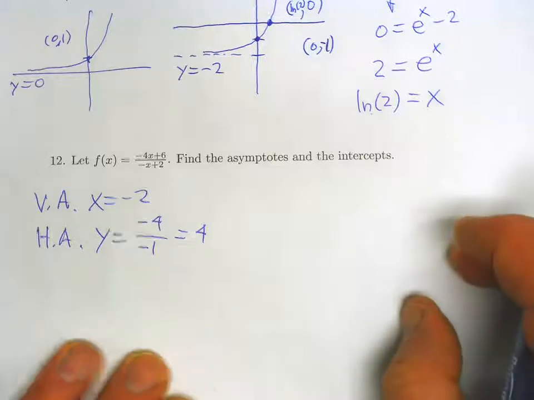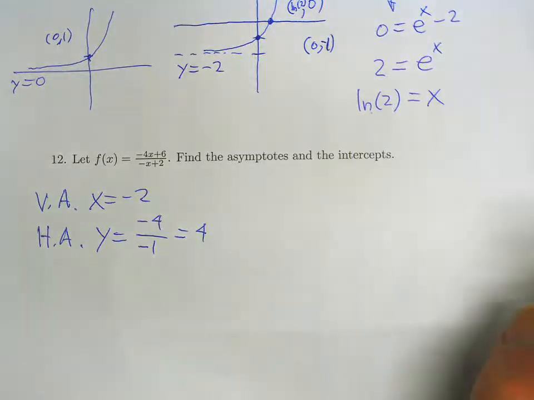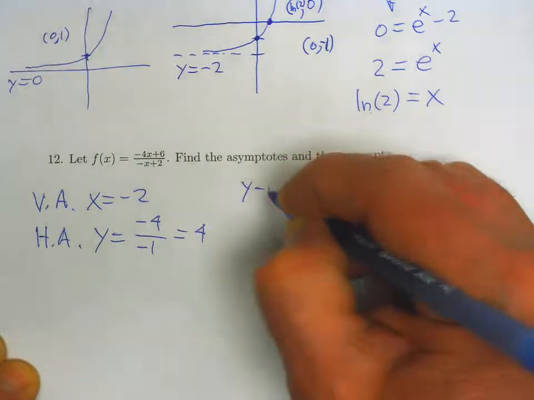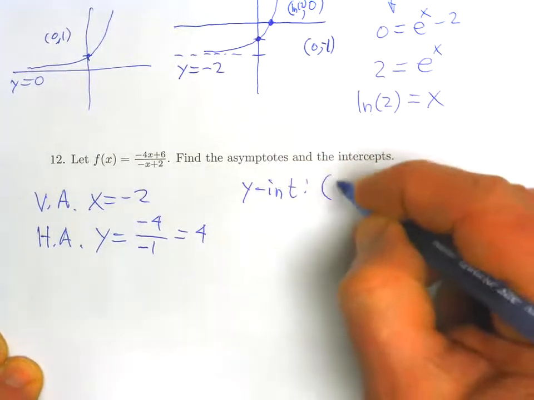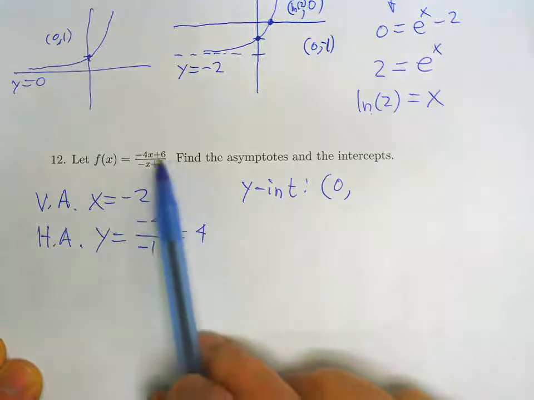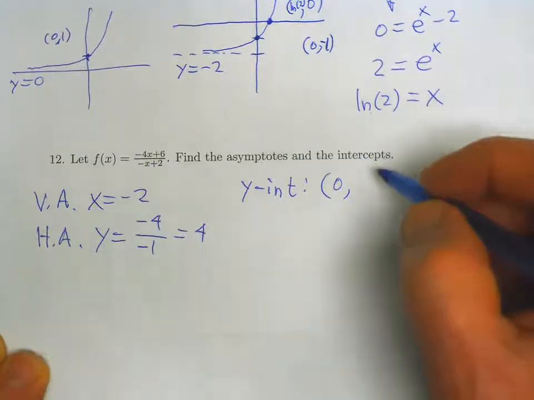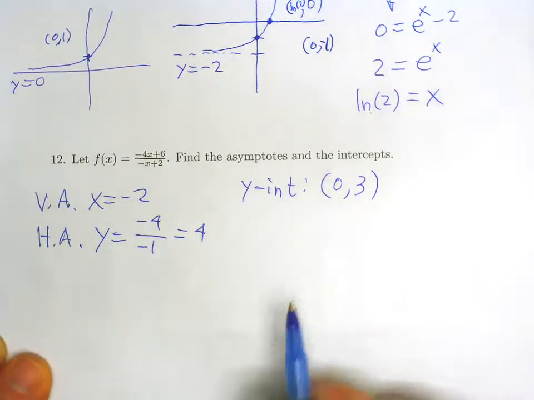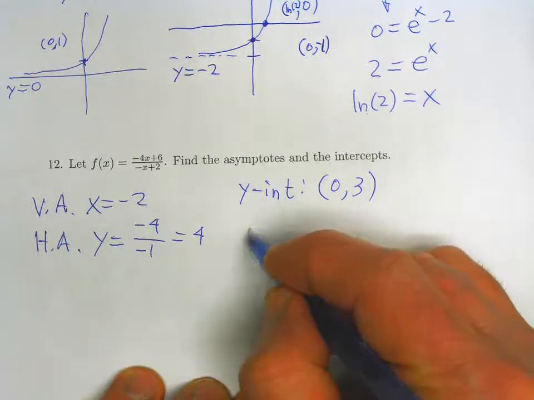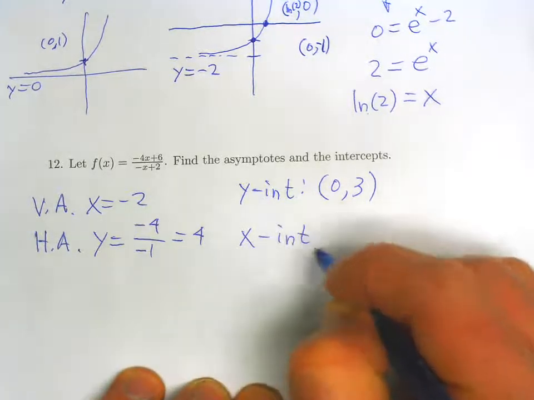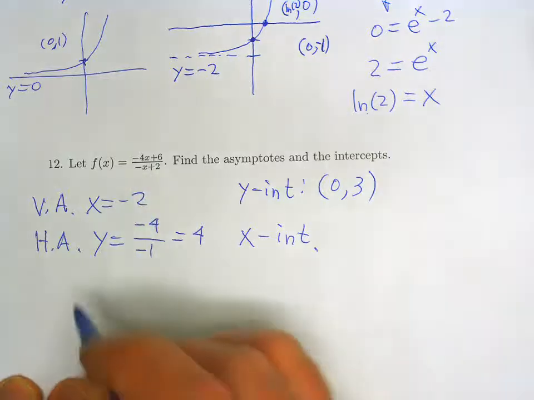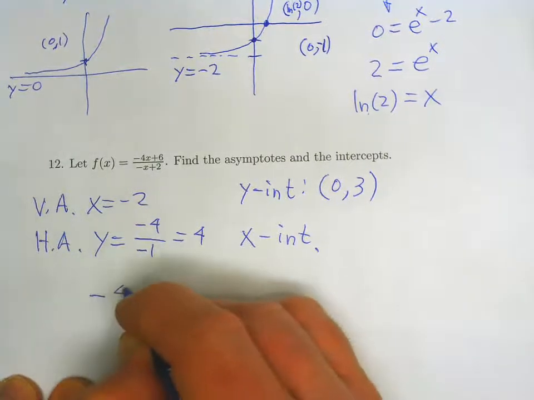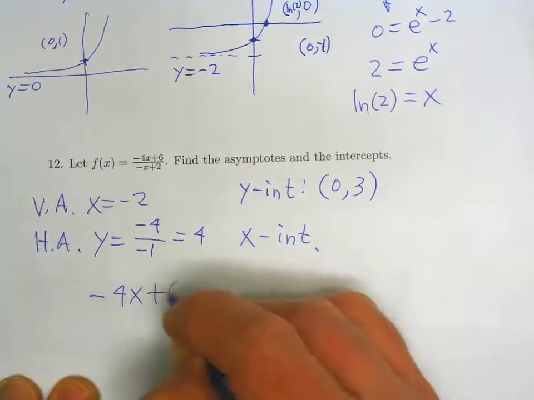So the horizontal asymptote is y equals 4. And then the y-intercept, when x is 0, replace every x with 0, we get 6 divided by 2, or 3.